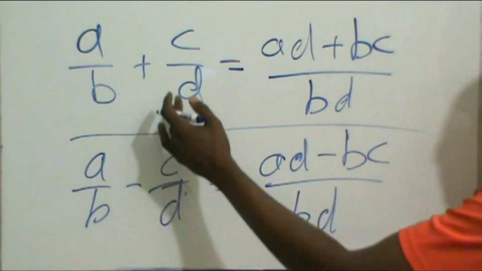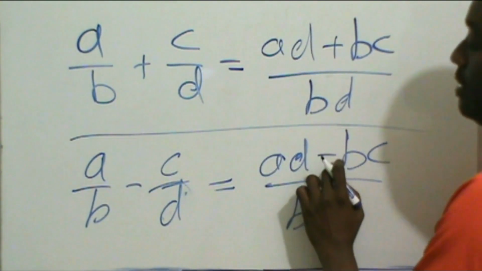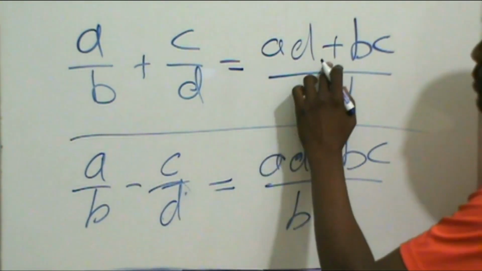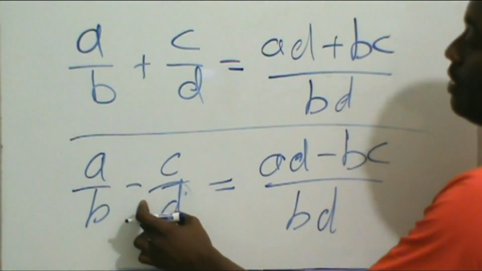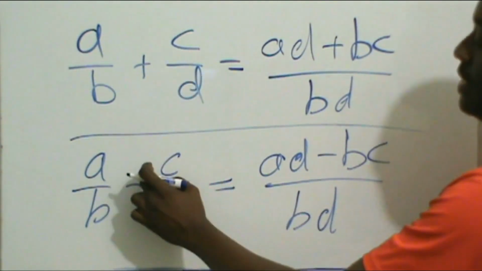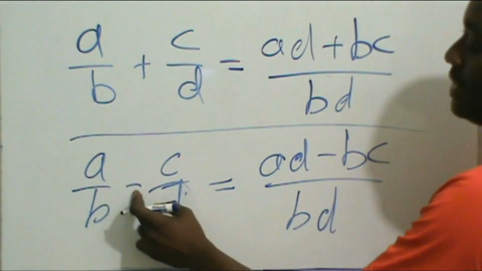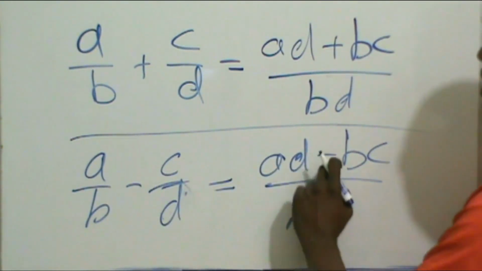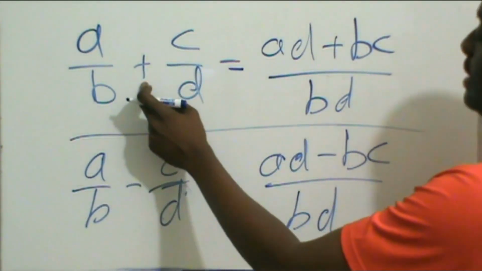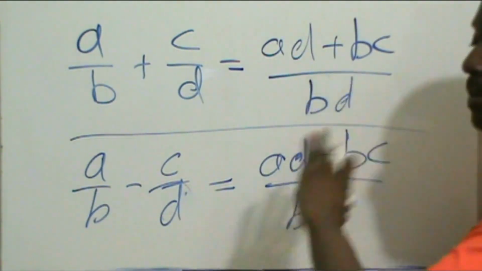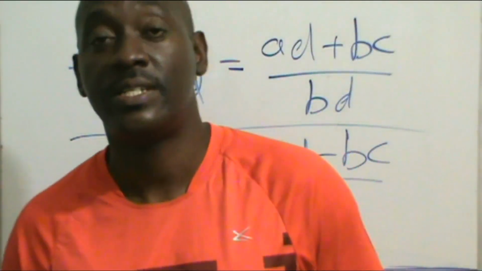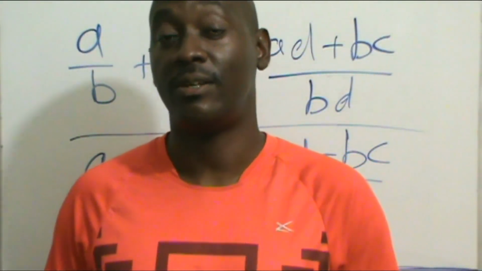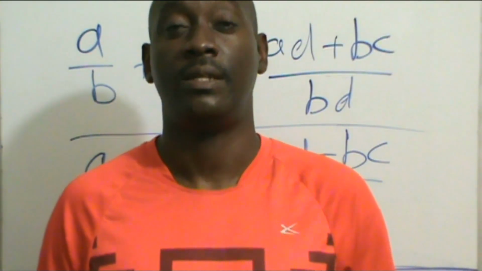The only thing that changed between this one and this one is the sign in the numerator, which would follow the sign that we have here. Now of course, if this c was negative, the negative sign in this case would have changed this to a positive, and similarly, the positive sign here would have changed this to a negative. But don't worry about that too much. You will deal with that in the course of doing questions.